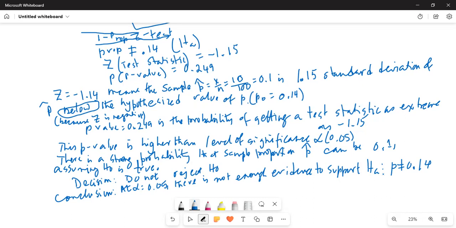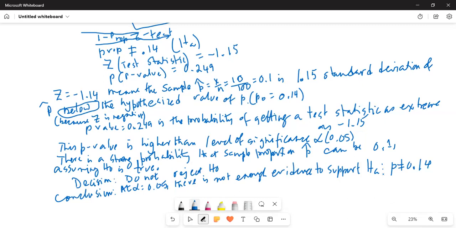What does it mean? Here, our p-value came out as 0.249, which is high compared to the level of significance alpha of 0.05. If we had obtained, on the other hand, a p-value of 0.01 and compared it to alpha of 0.05, the smaller the value of p, the stronger is the evidence against H0.